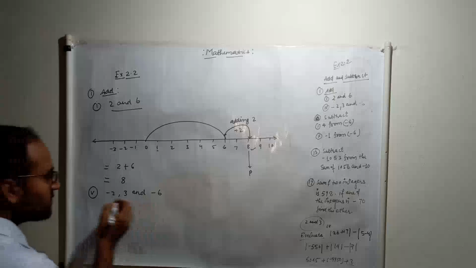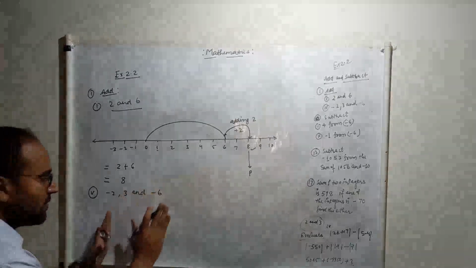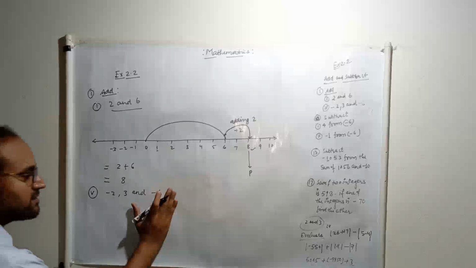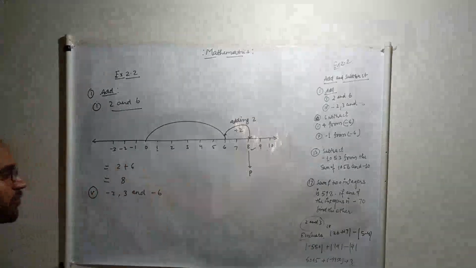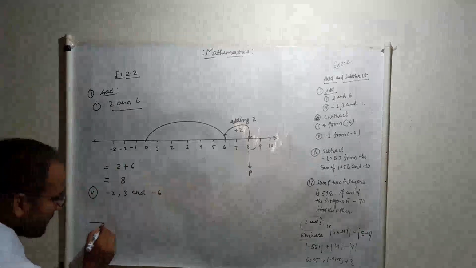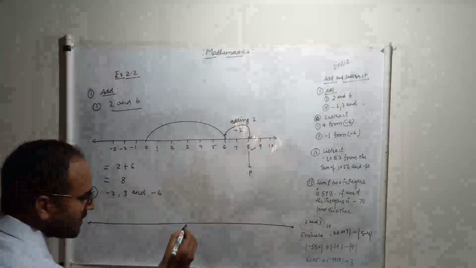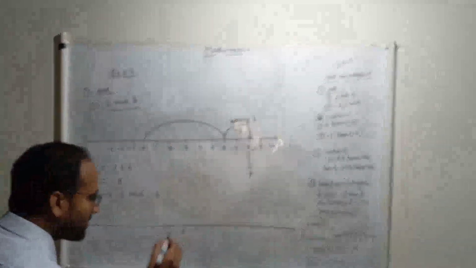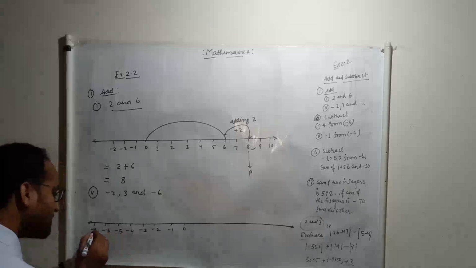So students, without taking the sign, which one is the greatest in this one? 6 without sign. I'm not taking the sign. 6. So this maximum I'm going to take. Here is 0, -1, -2, -3, -4, -5, -6 and -7.